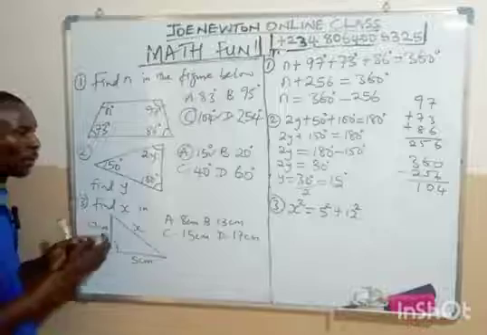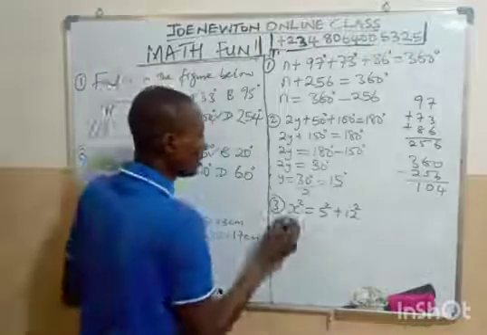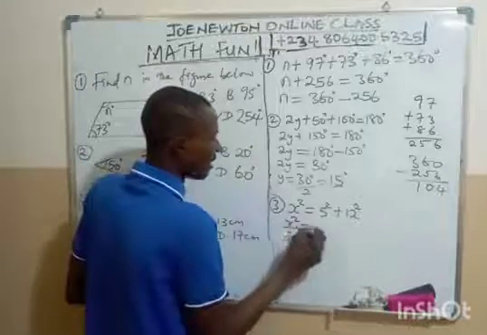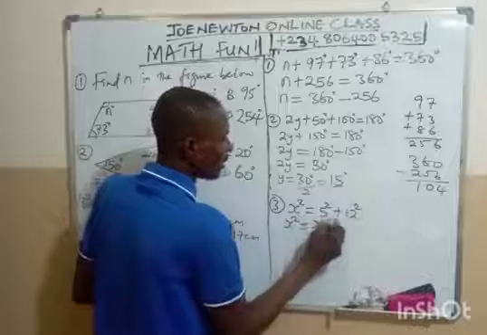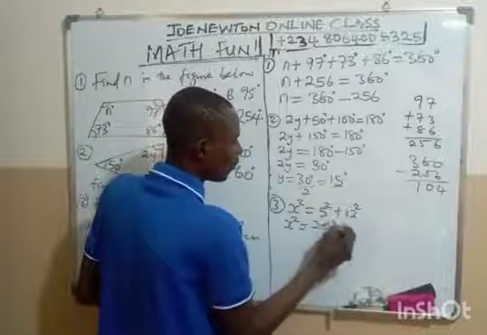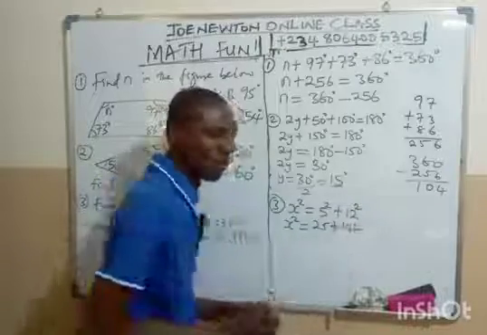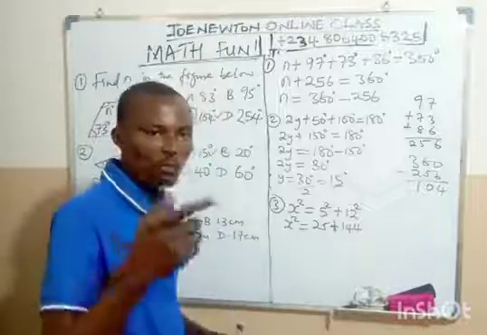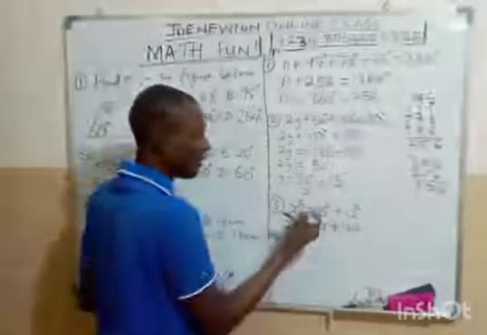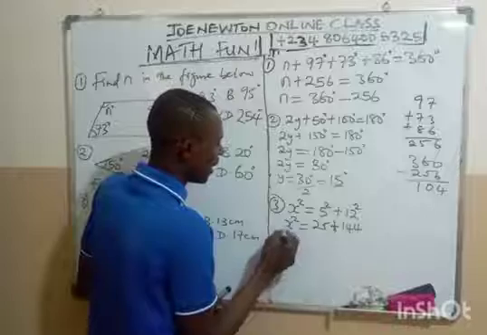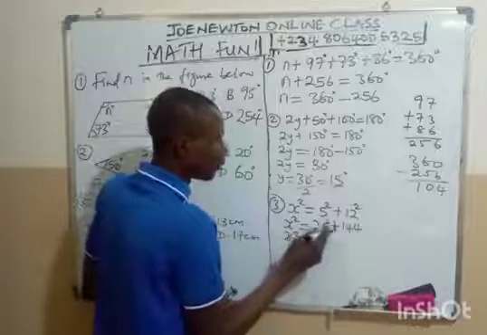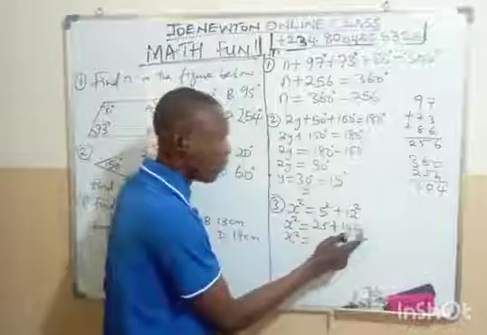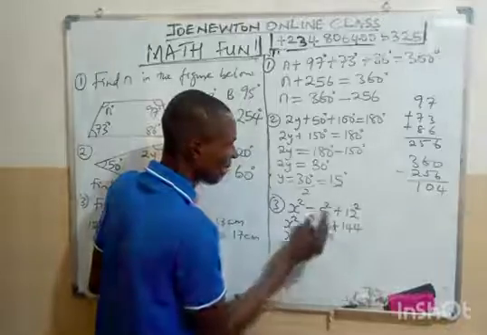You get the remaining one. Then x squared is equal to 5 squared is 25 plus 12 squared is 144. Do not forget that 12 squared means 12 times 12, not 12 times 2. The same thing with 5 squared. So we have x squared is equal to 25 plus 144, which gives us 169.